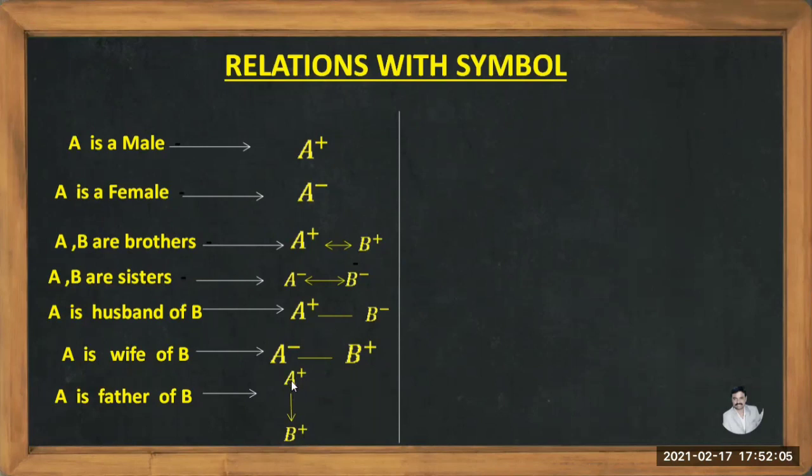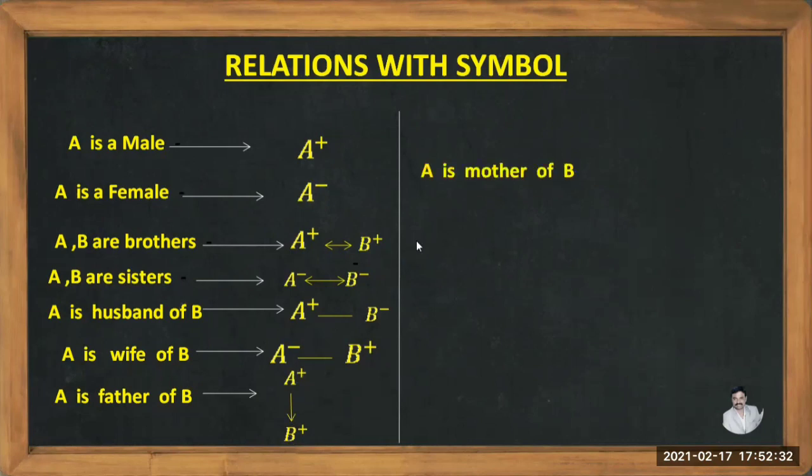From the father A plus we get the son B plus. So we need to see the direction also, my dear students. The direction of this arrow is from A to B, so A is the father of B.